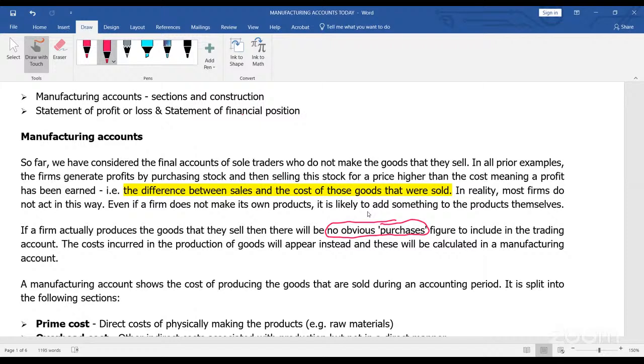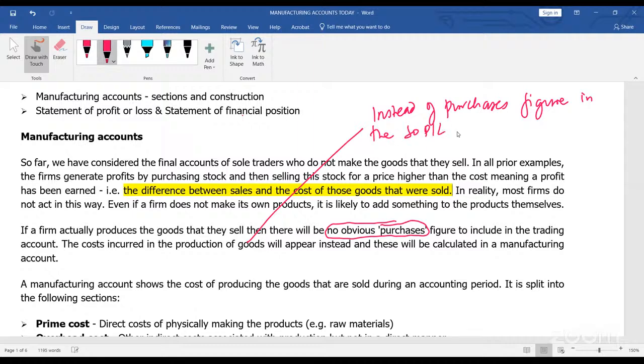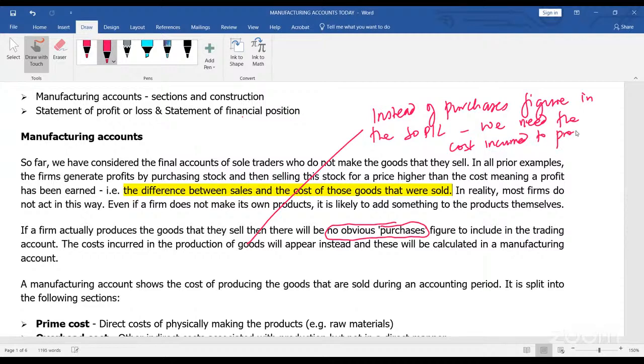The costs incurred in the production of the goods will appear instead, and these will be calculated in a manufacturing account. Meaning that instead of the purchases figure in the statement of profit or loss, we need the costs incurred to produce the goods.